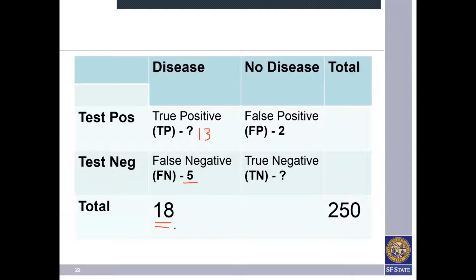Now, if I've got 18 sick people, how many healthy people do I have? 232? And if 2 of those are false positives, that means the remaining 230 are true negatives, yeah?